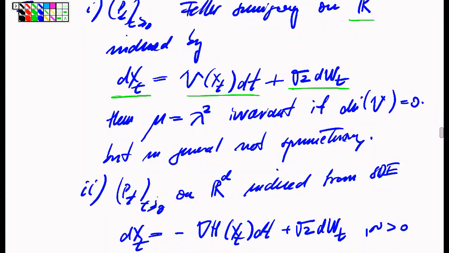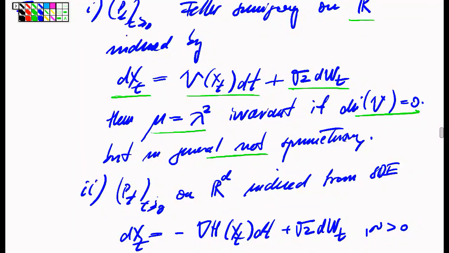And then my claim is that for this family of solutions to stochastic differential equations, the flat Lebesgue measure is in fact an invariant measure if the divergence of the vector field is 0. But in general, we have no symmetry of this.